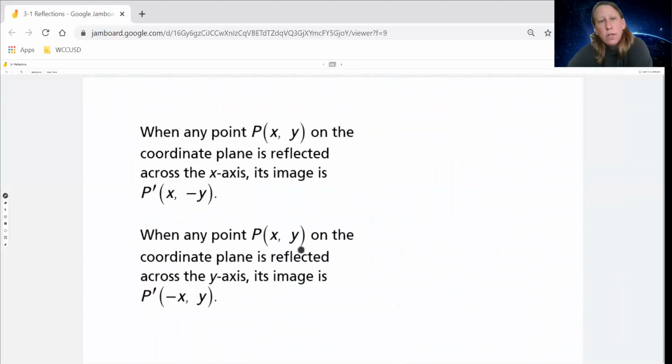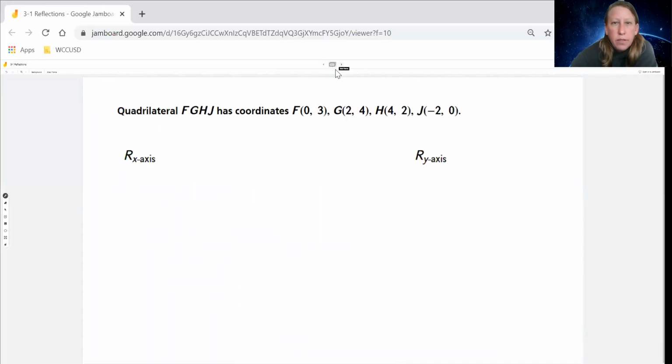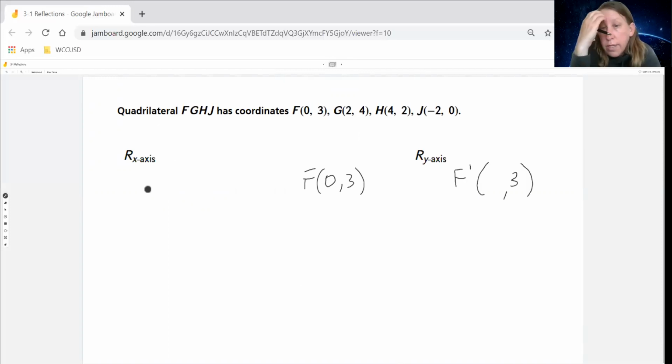Yeah. And it also works if you reflect over the y-axis. So for the y-axis, you can take the coordinates, you keep the y coordinate the same, and the x becomes its opposite. So we already did that for the x-axis, and now we can just do it for the y-axis. So what do we say? For the y-axis, we're going to keep the y the same, and we're going to take the opposite of x.